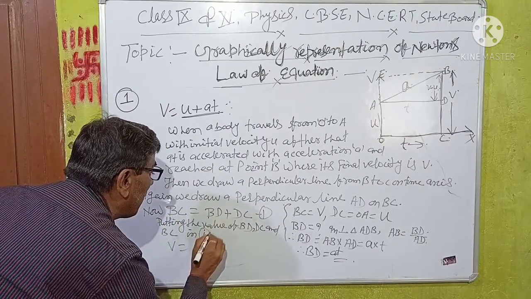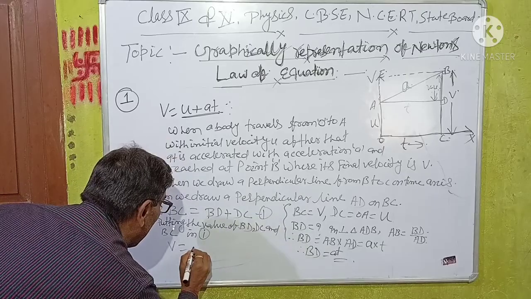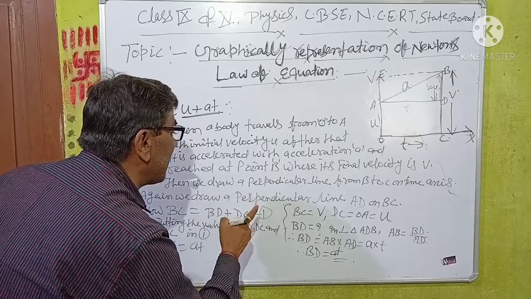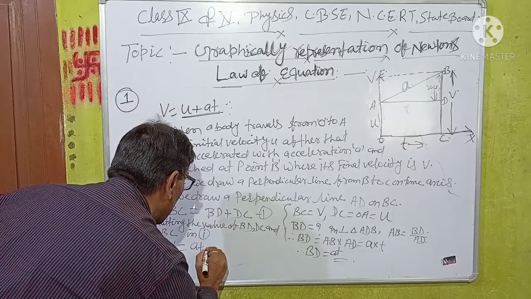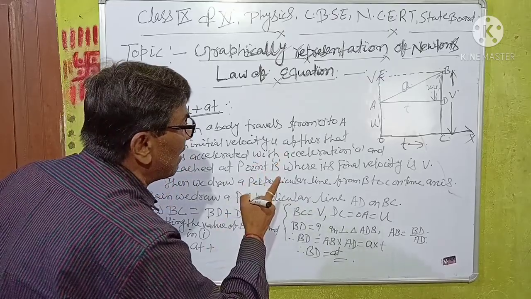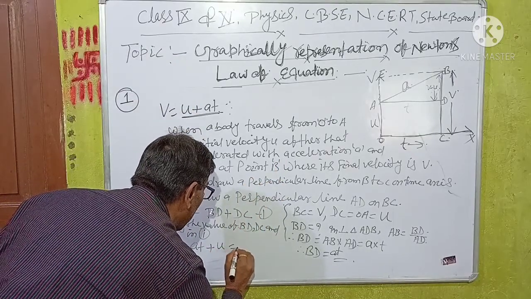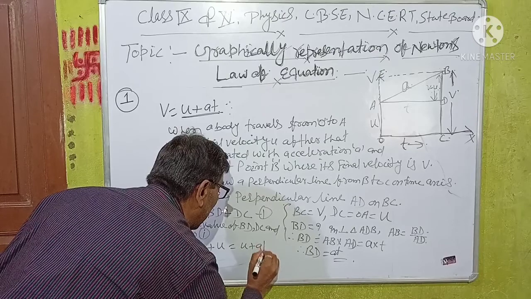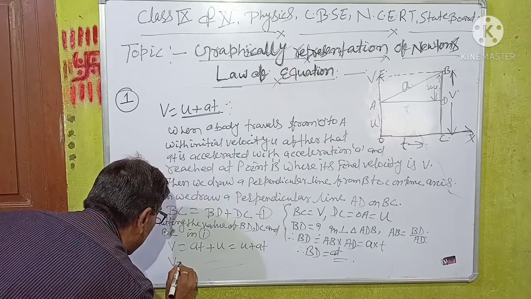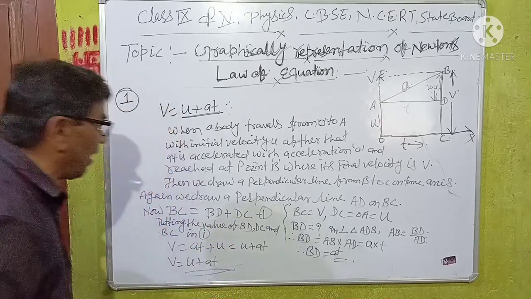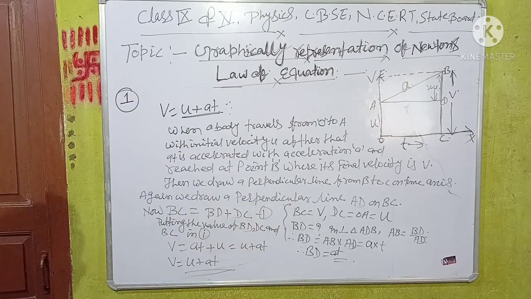V is equal to BD, which represents AT, plus DC, which represents U, is equal to U plus AT. So therefore V is equal to U plus AT, which we derived through the graphical representation.